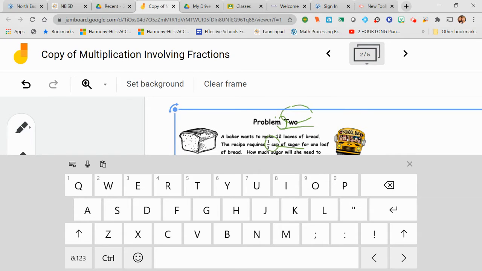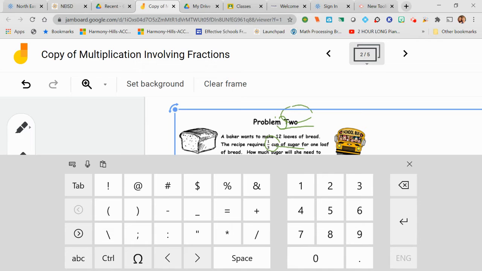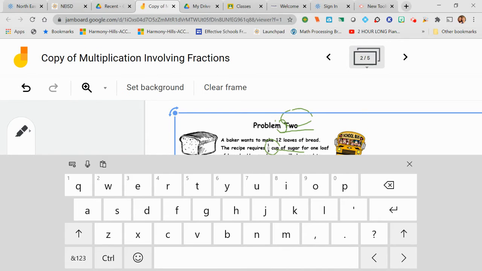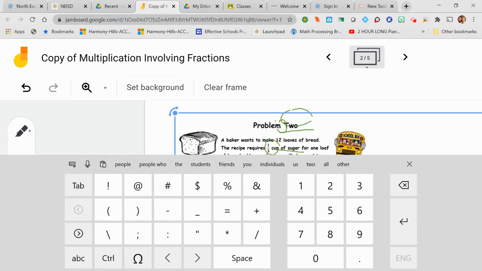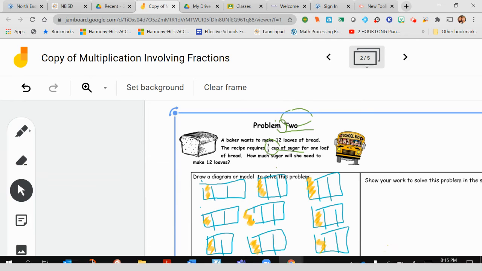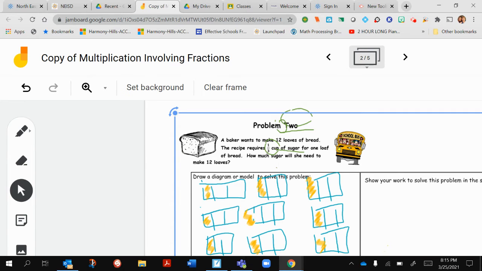I have 12 groups of... did it wrong. Where was I typing it?